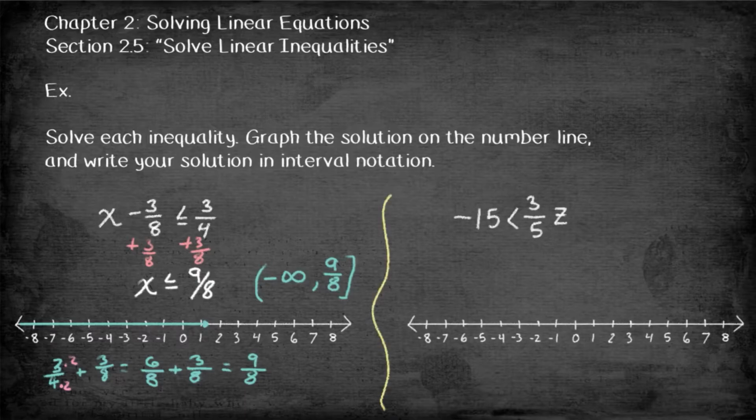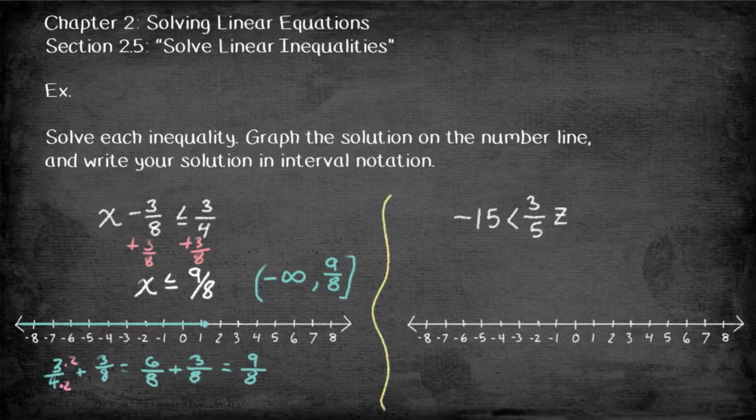Next up, we have negative 15 is less than 3/5 z. One key difference between solving equations and inequalities is that it does matter what side of the inequality the variable is on. Because if z were over here, it would be saying something different than it is right now.